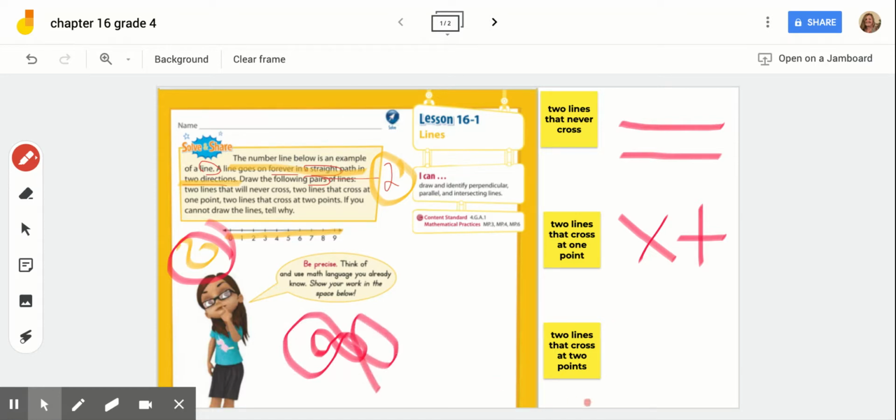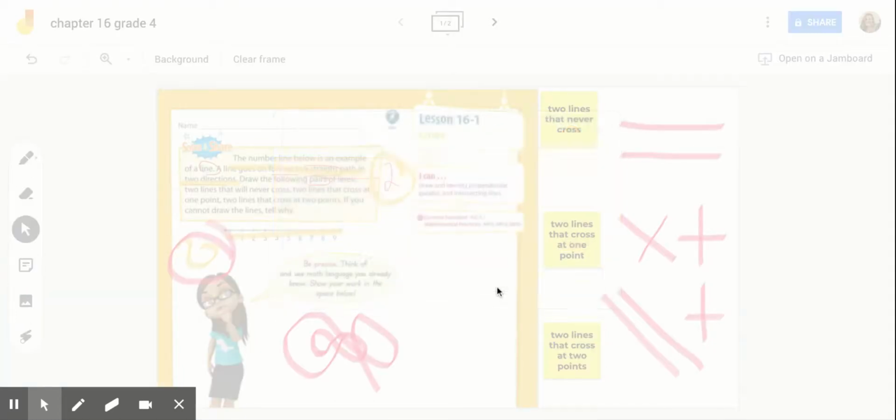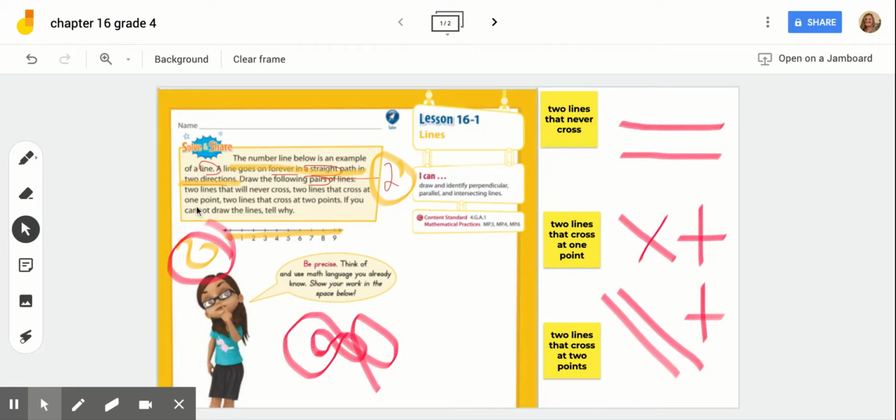But we know that if we have a straight line that goes on a straight path in 2 directions, they're either going to be parallel or they're going to intersect at some point. But for this question that asks, 2 lines that cross at 1 point, 2 lines that cross at 2 points. If you cannot draw lines, tell why.